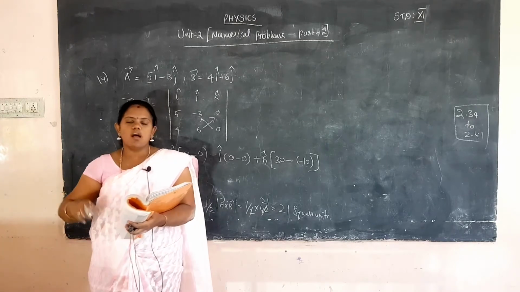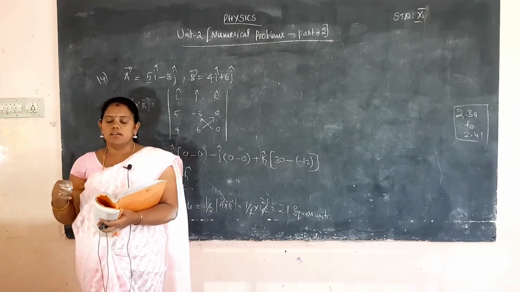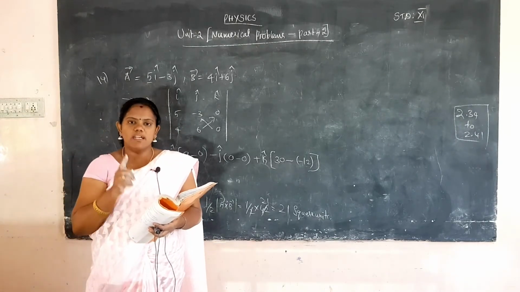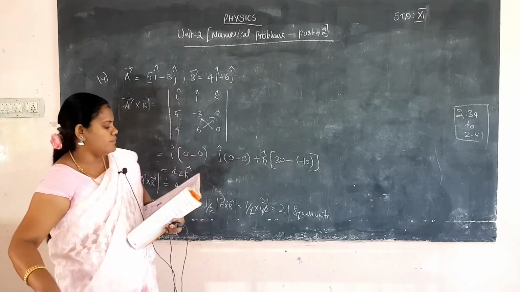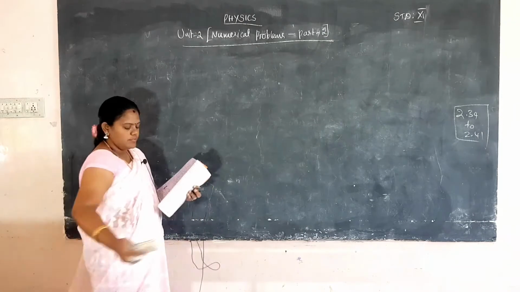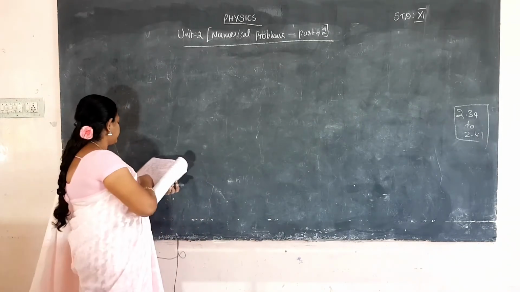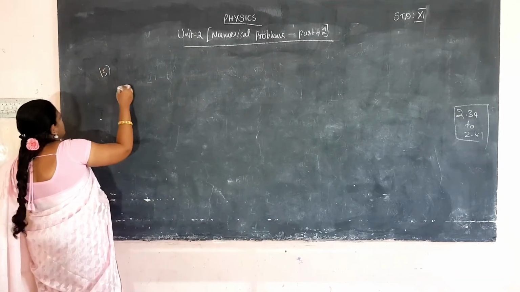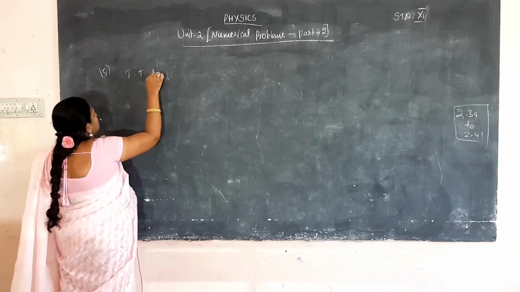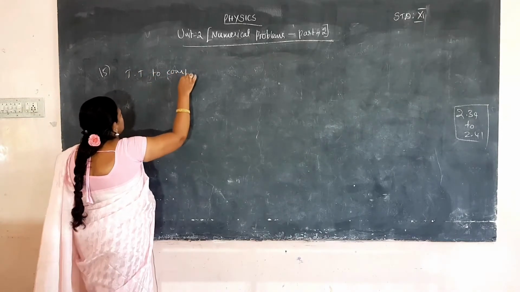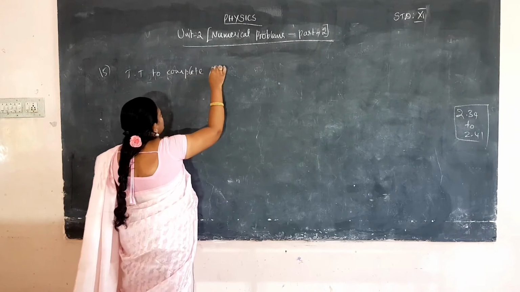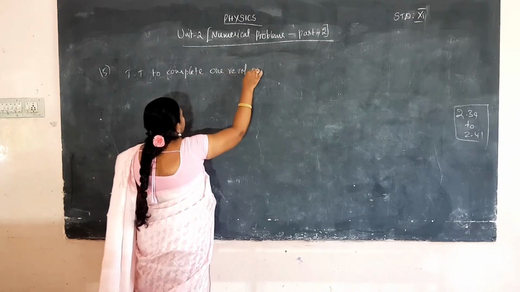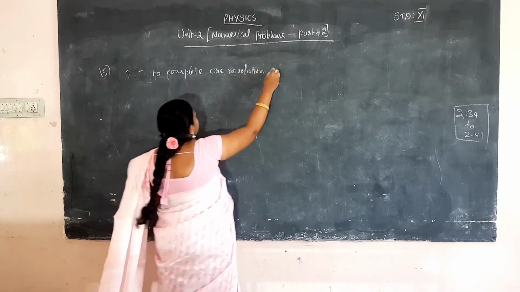In 24 hours the Earth completes one revolution, the angular displacement is 360 degree, but we want to find out for 1 hour. So, the time taken to complete one revolution is equal to 24 hours.